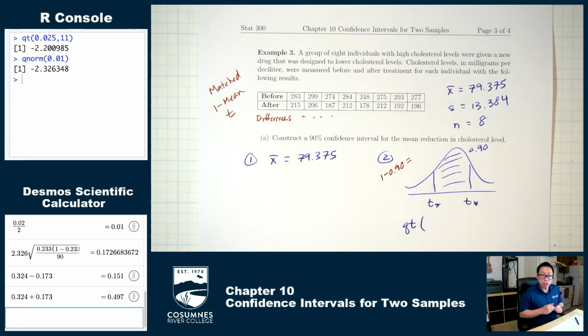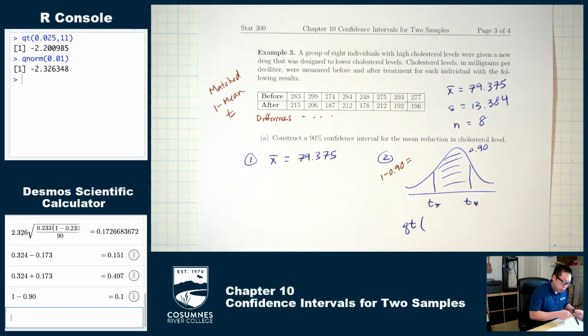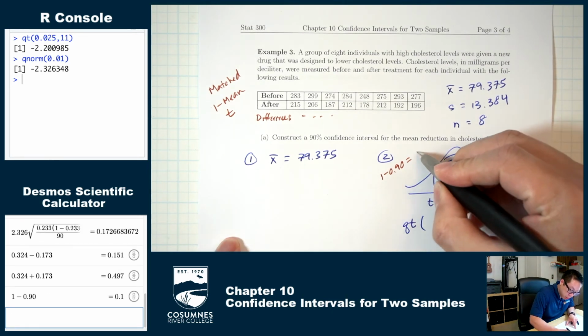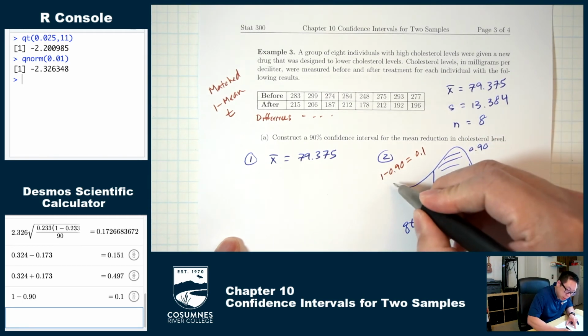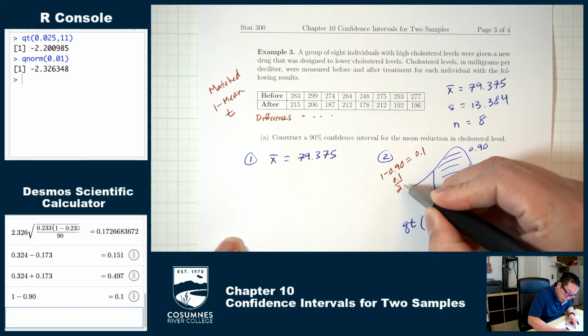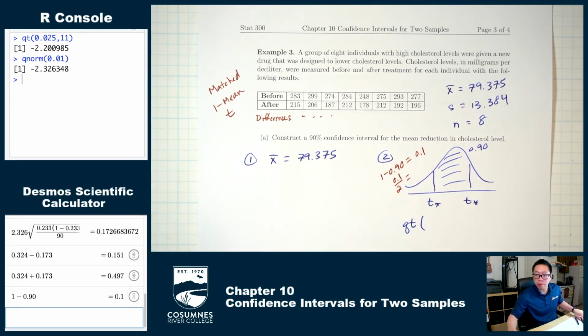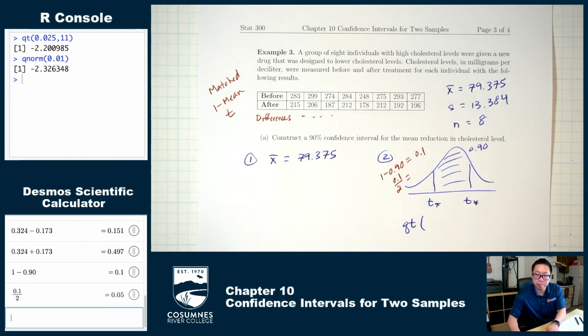That should give me the unshaded part. 1 minus 0.90 is 0.1. That's the unshaded part, which is the left and right together. If I just want the left, we'll divide that by 2. 0.1 divided by 2 is 0.05.